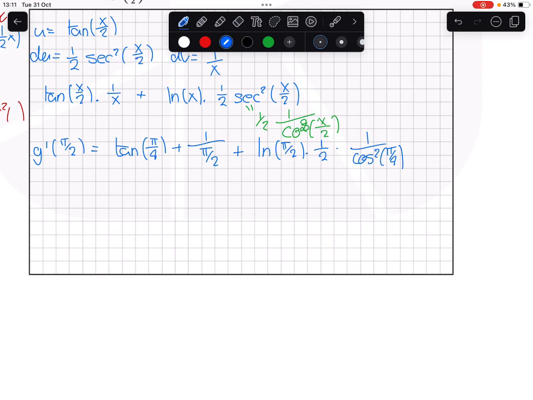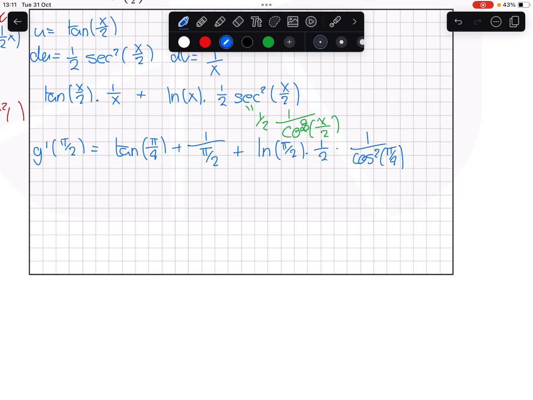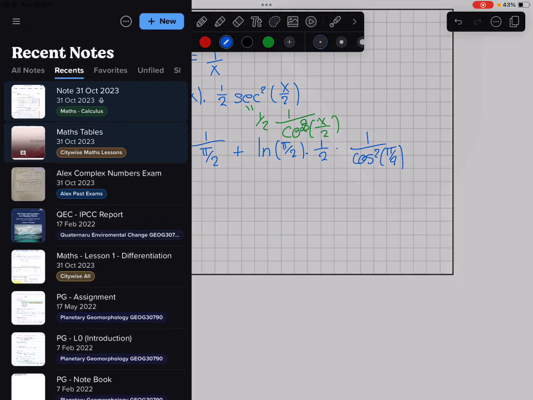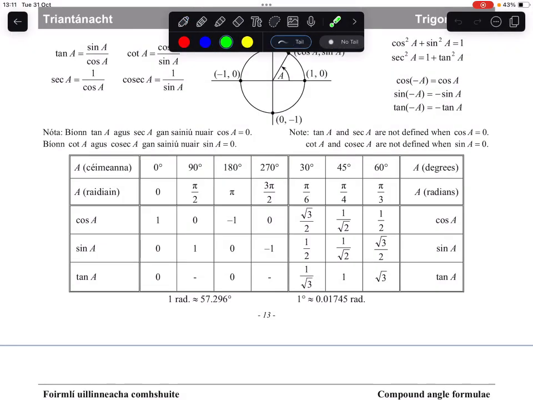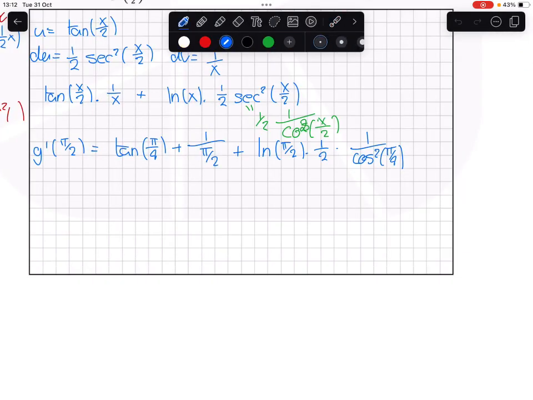Remembering these, we need tan of pi over 4 and cos squared of pi over 4. What do we get? If we go back to the tables again, we have tan down here, and if we look at where pi over 4 is, we can see that that one is equal to 1. And then if we go to 1 over cos squared, we have cos of a, and when we stick in pi over 4, we get 1 over root 2. So right here, this is equal to 1.